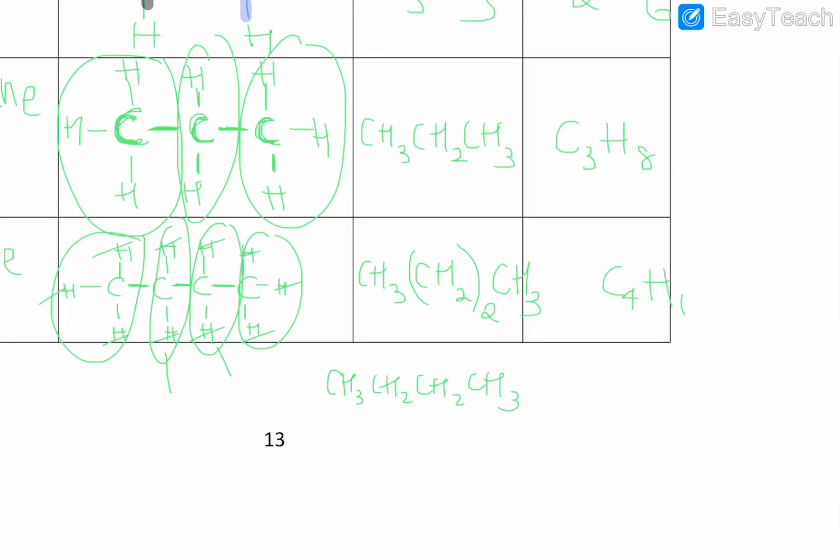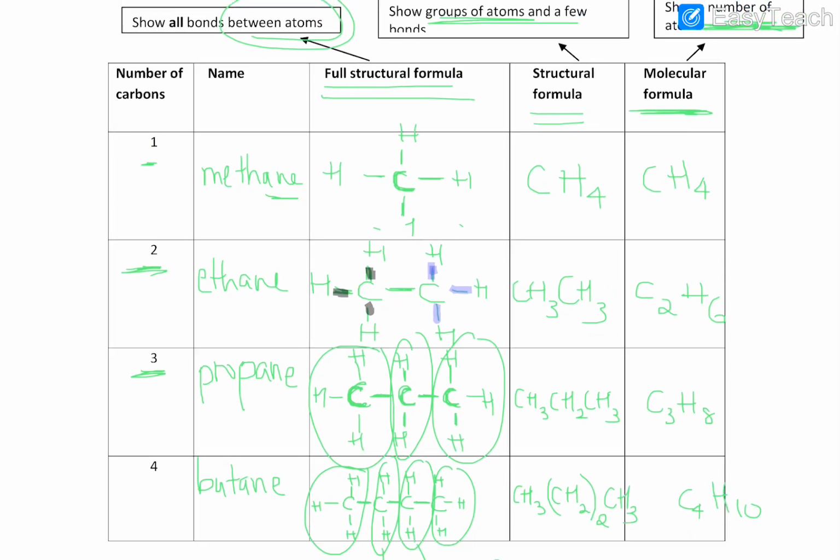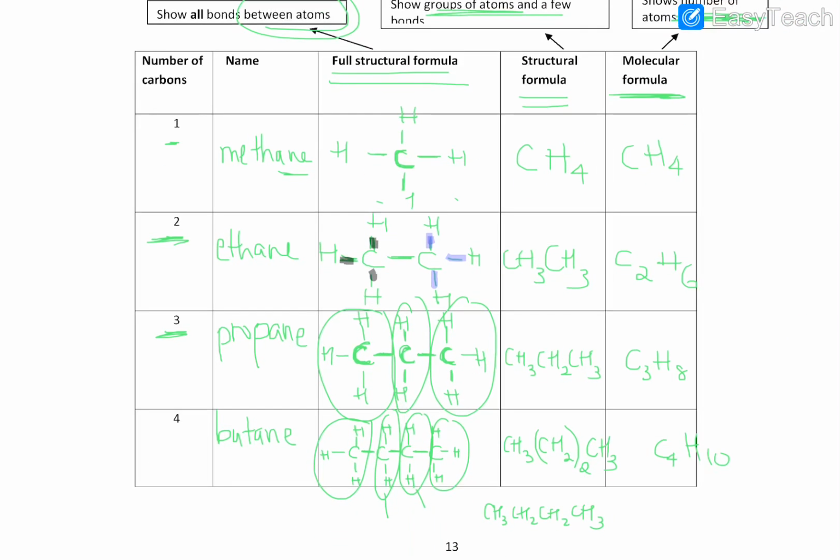Okay. So C4H10. So these are the members of the alkane homologous series. So these are successive members, and if you look at the members, remember the properties of the homologous series.